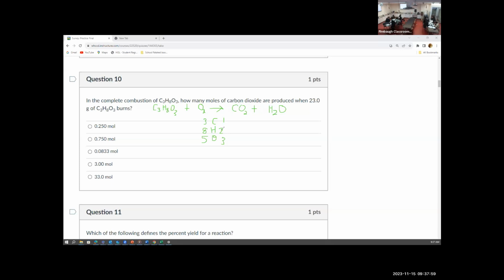Okay, is it balanced? No. What do I need to do to balance it? You're gonna put 5 before the oxygen on the right side. And then you're gonna put 3 before carbon dioxide, and then 4. So then that means we have 8, we have 3, and we have 10.